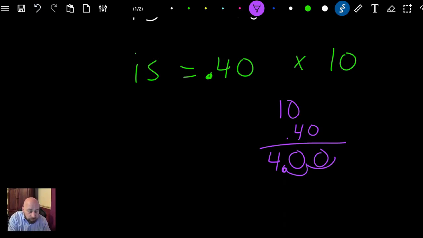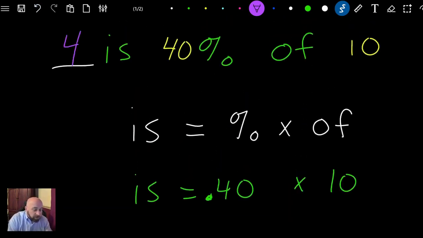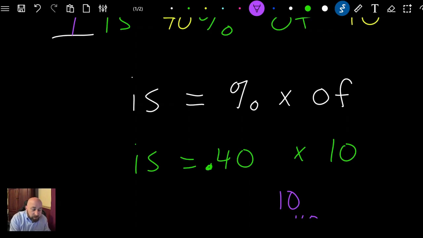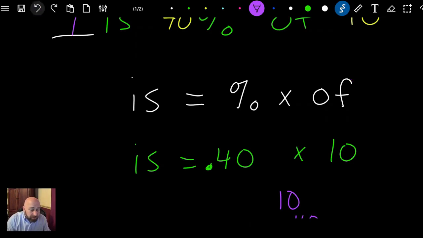The answer is 4.00, or the answer is just 4. 4 is 40% of 10. All right, so that is how to find it with an is. Is equals percent times of. Percent times of. Don't forget to move your decimal point 2 places.